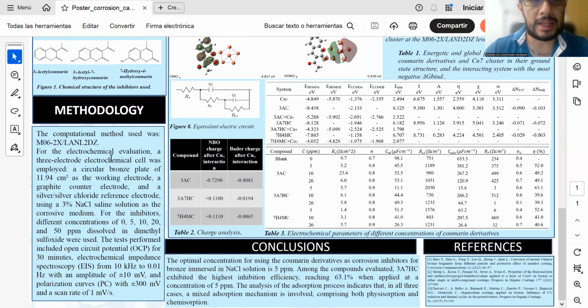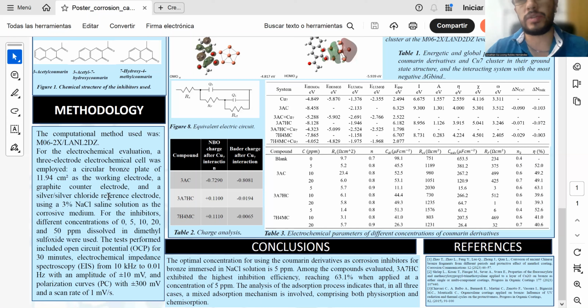And well, in the case of the experimental test, we used a circular bronze plate of 11.94 square centimeters. Well, this was the working electrode. For the counter electrode, we use a graphite electrode, and a silver chloride electrode was used for the reference.